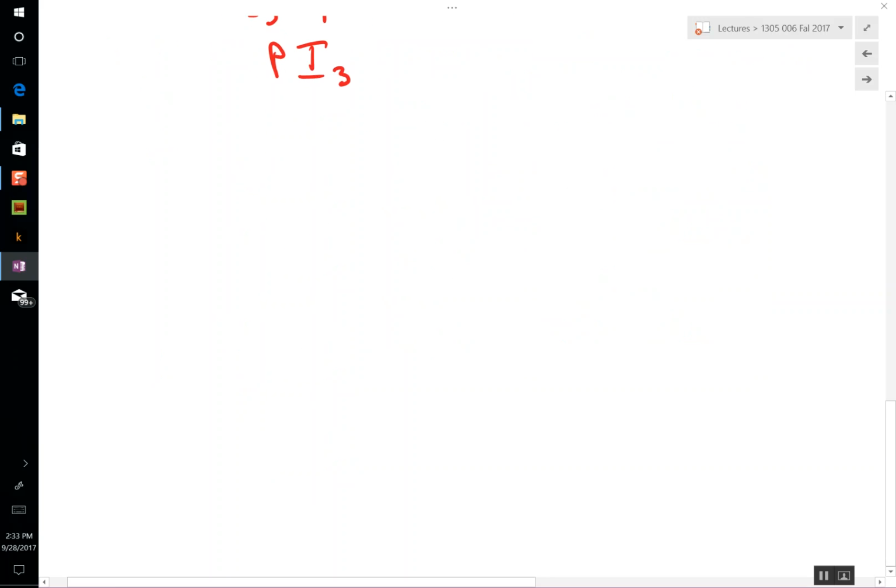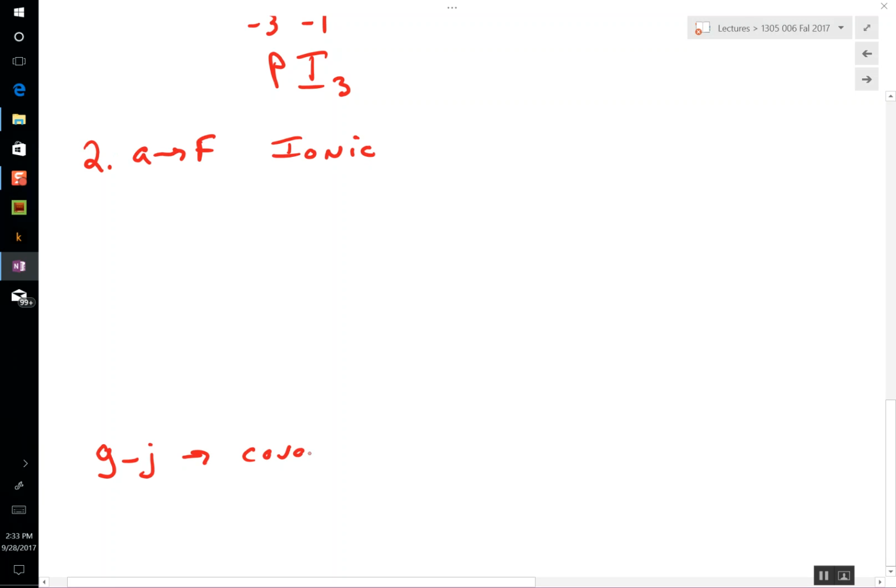Now let's look at number 2 below there, and again, A through F are ionic, and G through J are covalent.